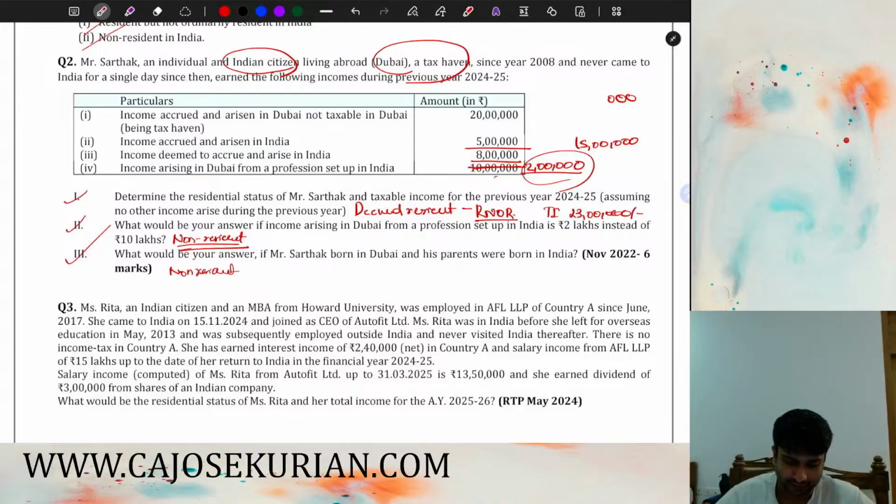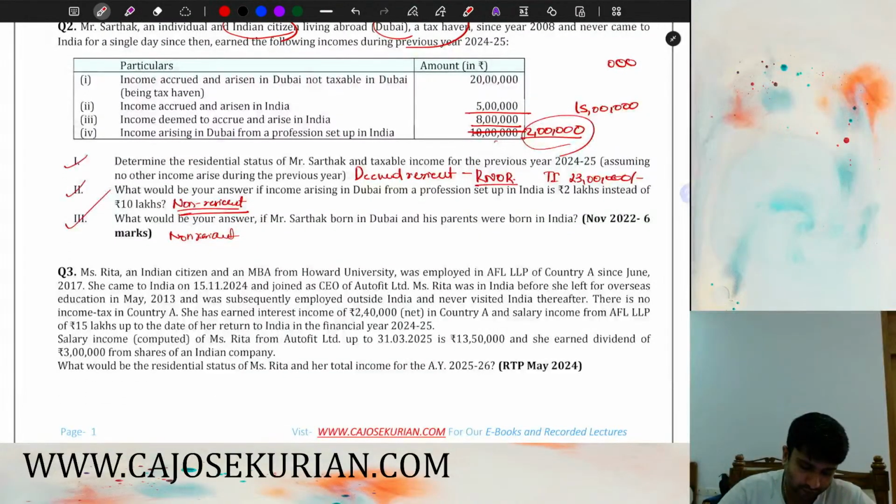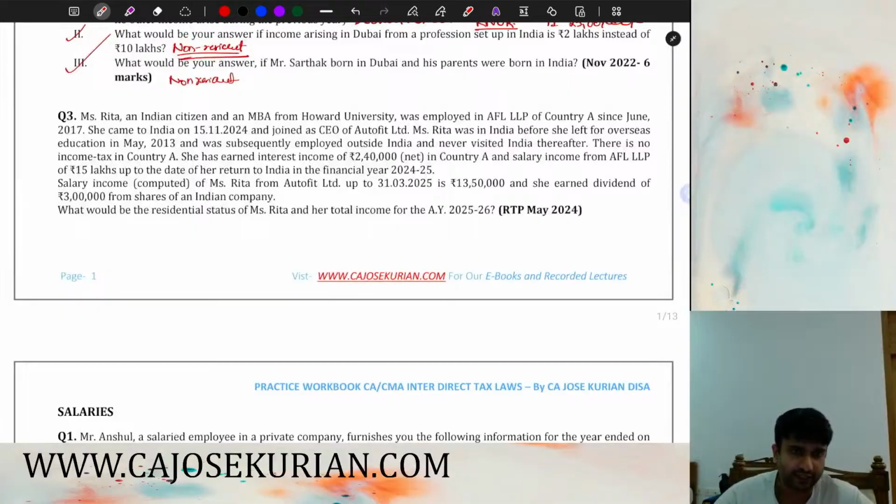So I hope all the three situations are clear for you. Now moving on with question number three. That is the last question in that first chapter, residency status and scope of total income. So I want all of you to read this question number three.